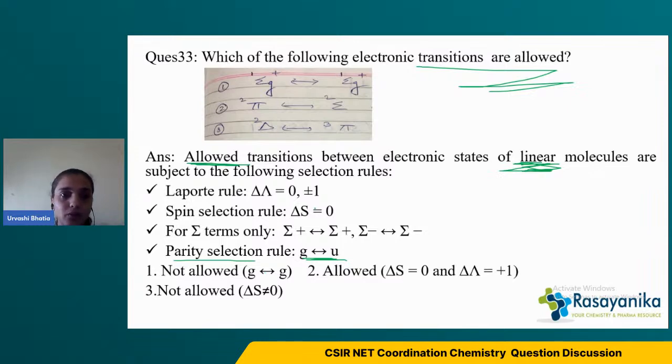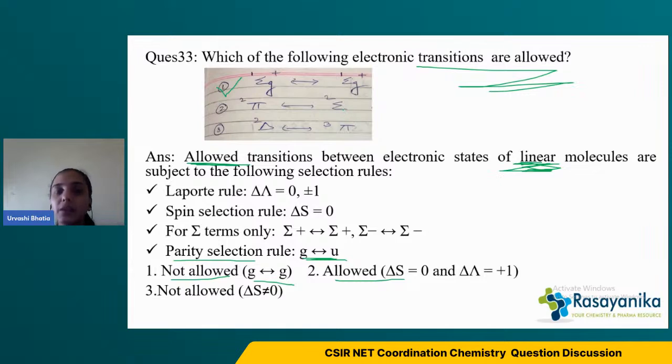Okay. So for the first one, you can see it. First one, 1 sigma G plus to 1 sigma G plus. It is given to us. So this is not allowed. Why? Because it is G to G. I told you it should be G to U or U to G. Then it will be allowed. So this is not allowed, right? G to G. Second one is your pi to sigma. This is allowed. Why? Because delta S is 0, 2 minus 2 will be 0, and pi to sigma.